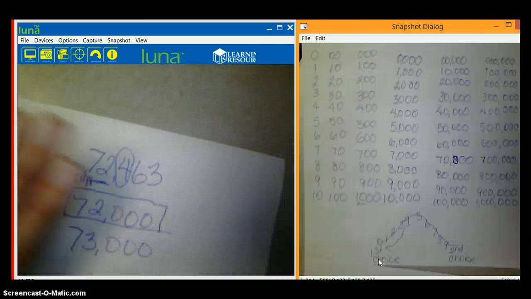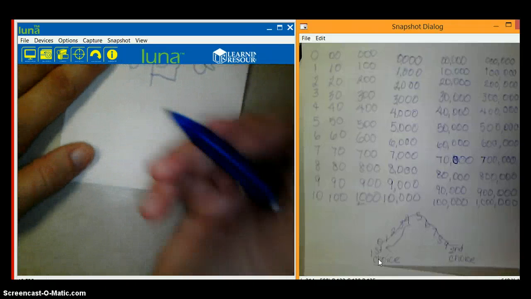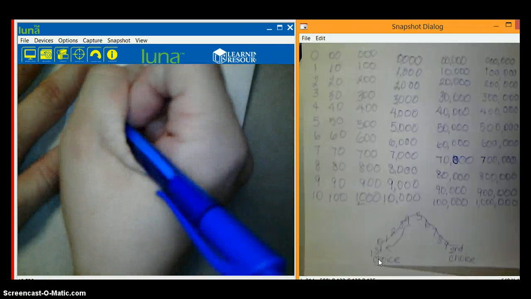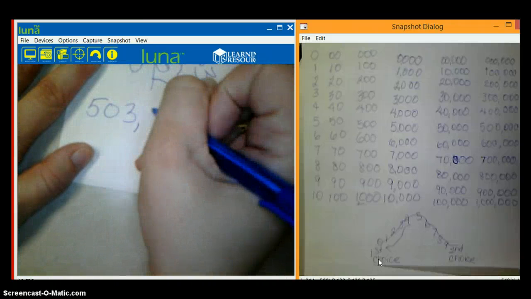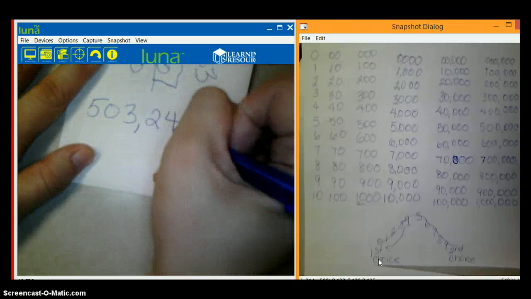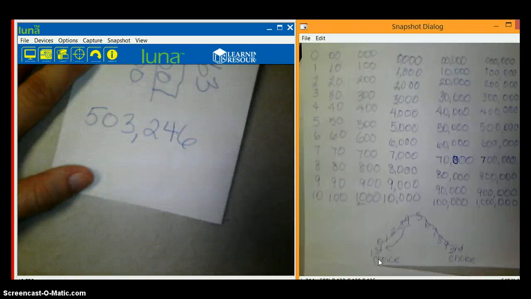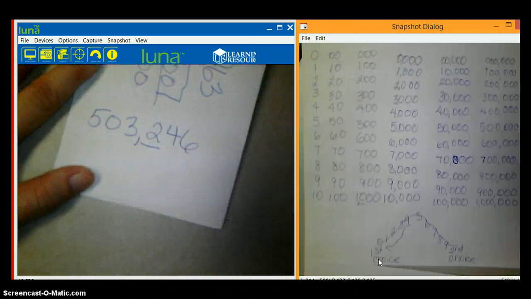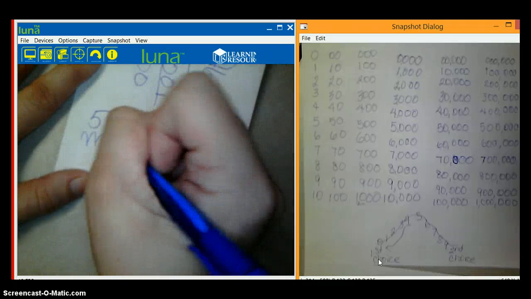All right, last one, let's do an example of 100,000. Let's do 503,246. And I want to round to the nearest 100. So I'm going to squiggle line everything to the left.